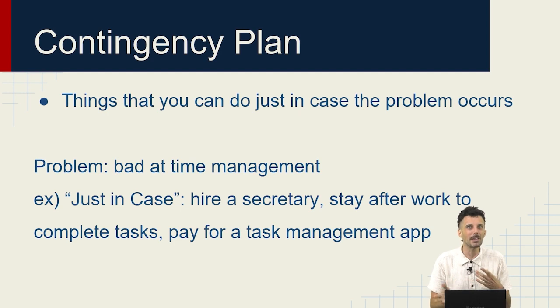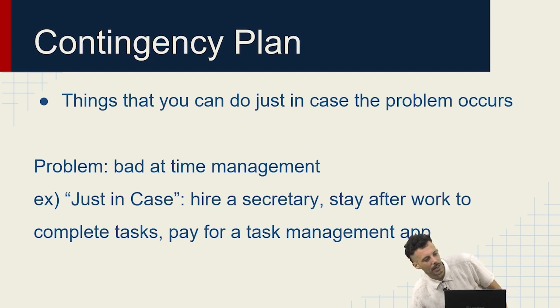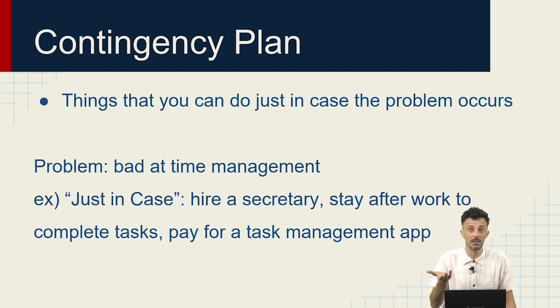The main thing about a contingency plan is it's still going to cause you more problems, but at least it's going to solve that previously bigger problem. So the just in case kinds of things I thought of is you can hire a secretary, which would be expensive.